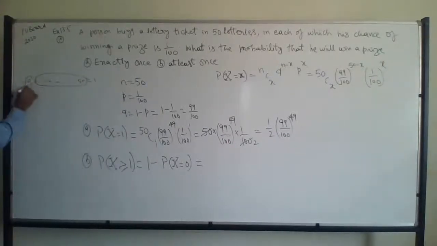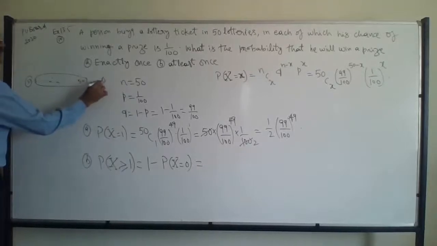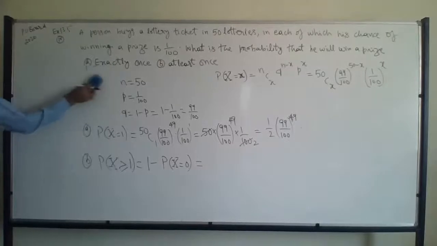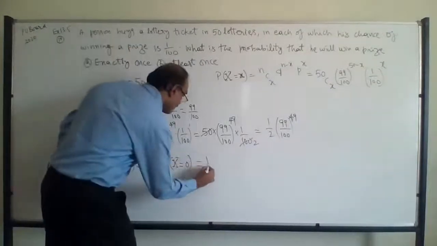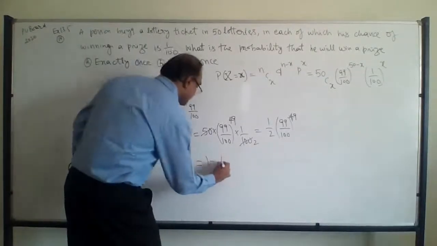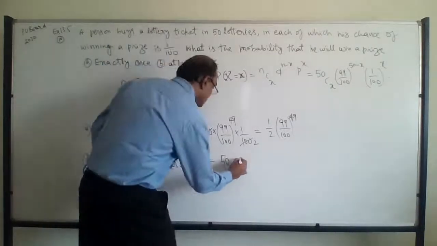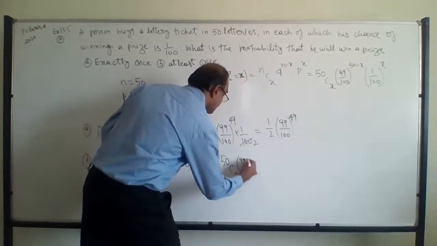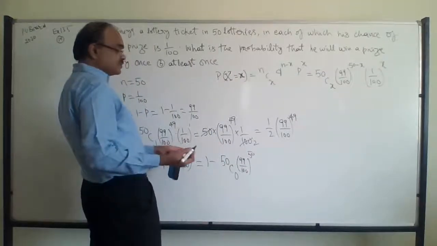So X greater than or equal to 1 is nothing but 1 minus probability of x equals 0. This is how you write it. This is the smart way. Now 1 minus probability of x equals 0, that is 1 minus 50C0 into 99 by 100 whole to the power 50 minus 0, that is 50, and 1 by 100 whole to the power 0 becomes 1.